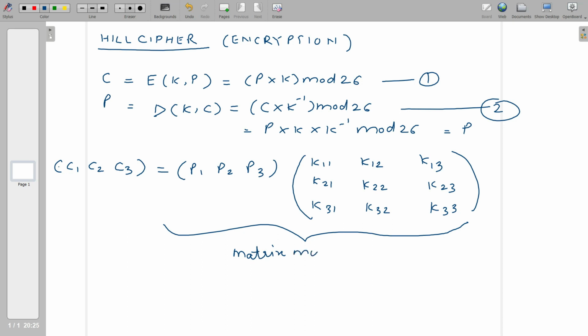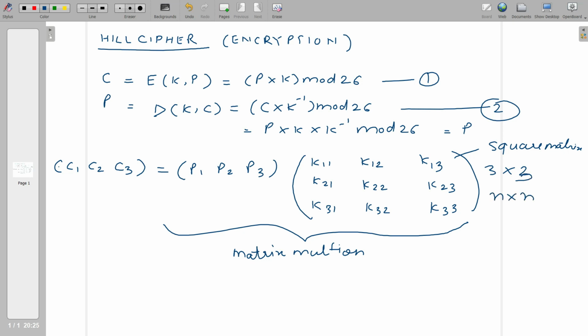The second thing is that the key size is not fixed. The key can be of any size, but it should always be a square matrix. For example, here we have a key of size 3 by 3.